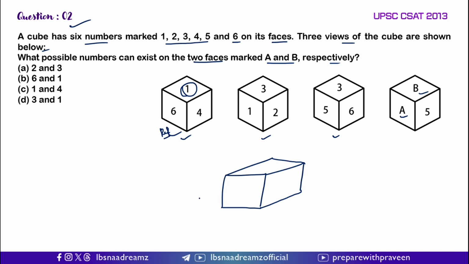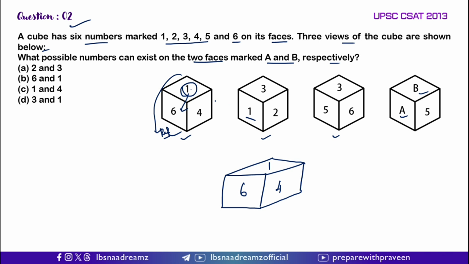According to the first diagram, 6 is here, 1 and 4. Now they have rotated this cube so that 1 will be here, this comes here, so they are rotating it like this.